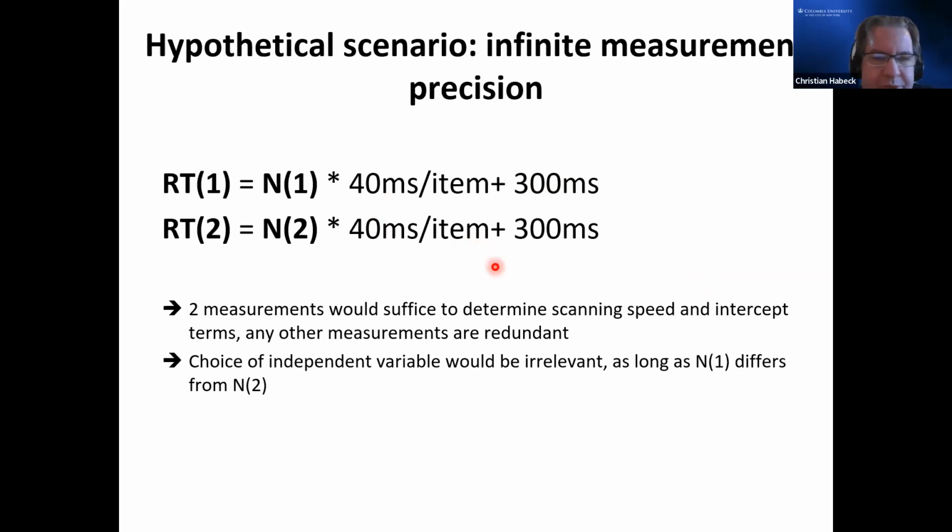We can figure this out just by solving the regression equation. We need two values, that's it, right? Any more values don't give us any more information, they follow perfectly on a straight line. So these two measurements would suffice. And the distribution doesn't matter at all because we have absolutely no uncertainty.